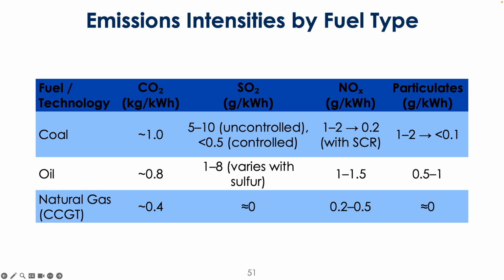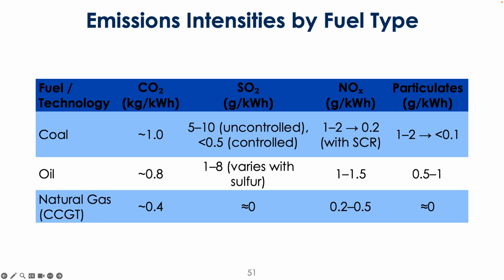Sulfur, SOx and SO2, as I was mentioning, that's mainly present in coal, whereas with natural gas you have very, very little of that, not too big of an issue. NOx is going to show up anytime you're doing this high temperature combustion, so this continues to be an issue.